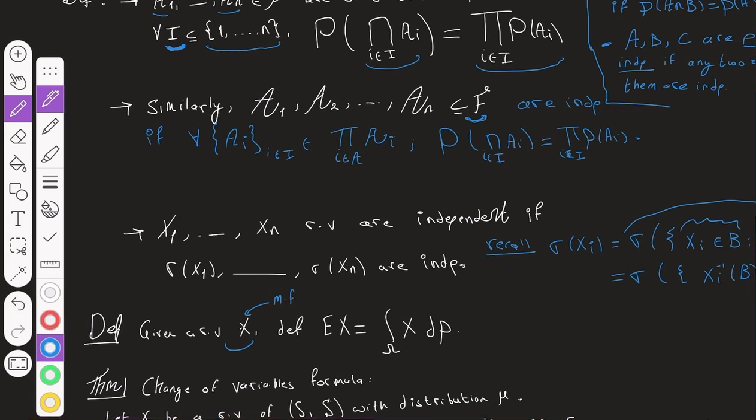And what can we do with measurable functions? Well, we can integrate them with respect to the measure. So we're going to take this measurable function and integrate it with respect to the measure dP, over omega, and we're going to call this the expected value of x.